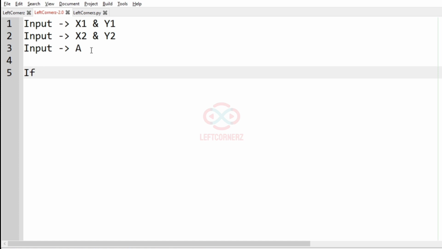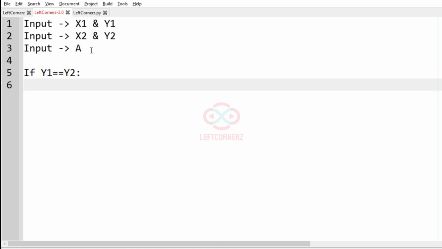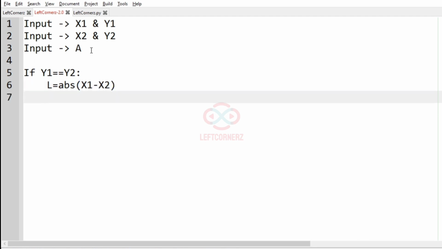If first y1, so if y1 equal to y2 means length is equal to absolute of x1 minus x2.